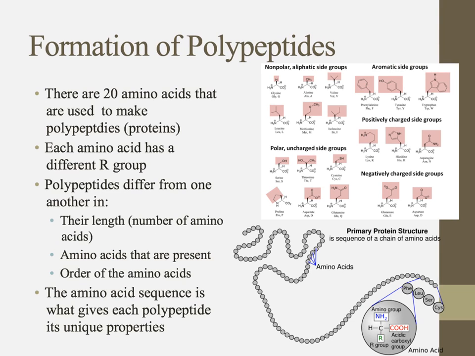Okay, so we've got a total of about 20 amino acids that are used to make polypeptides, or proteins, in almost every single living organism. We all use the same 20. And again, they all have our carboxyl group, an amine group, and they have this R group, okay? Now, what makes one amino acid different from each other is the R group.